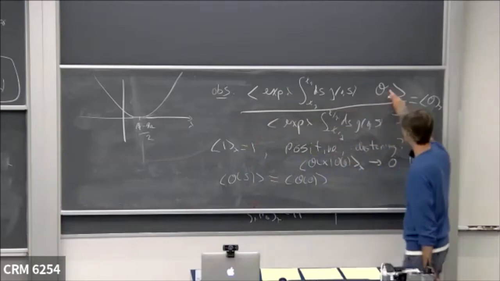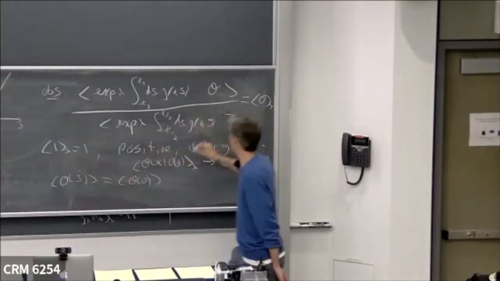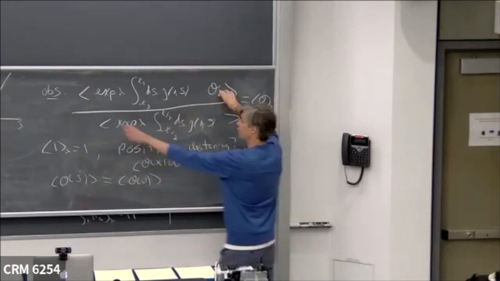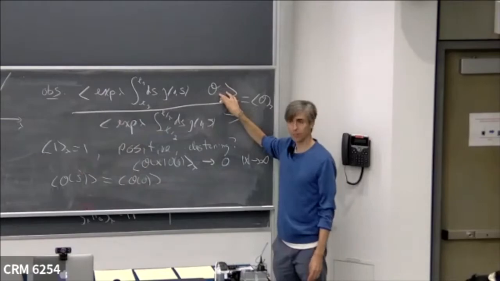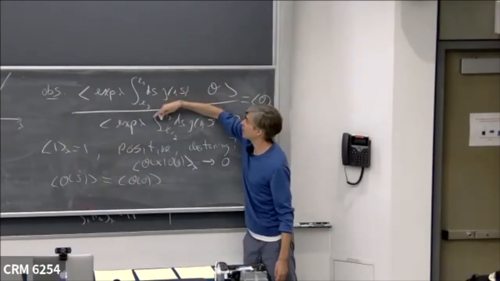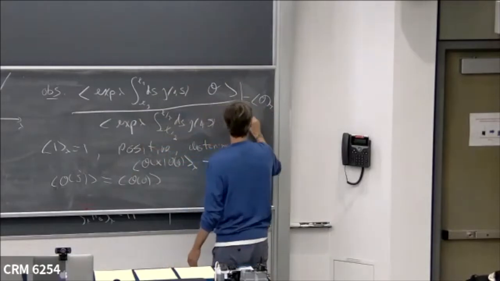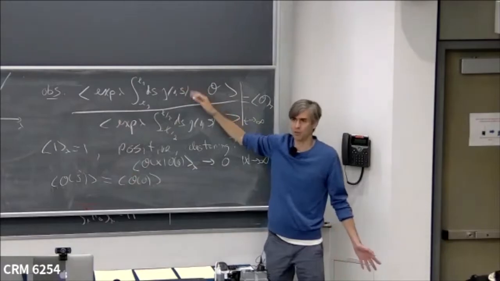If I put O of S prime here, this whole average is stationary, so I can shift times everywhere by S prime, and I have S minus S prime. Now I take the large time limit, T goes to infinity, so I could shift S prime, it doesn't matter.